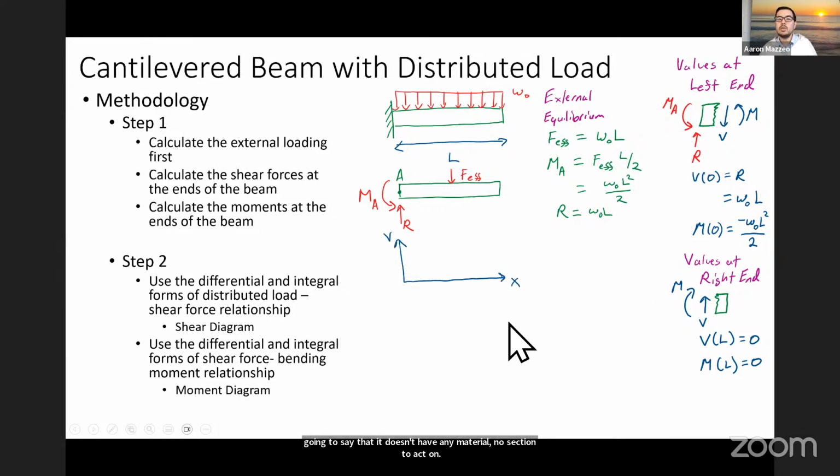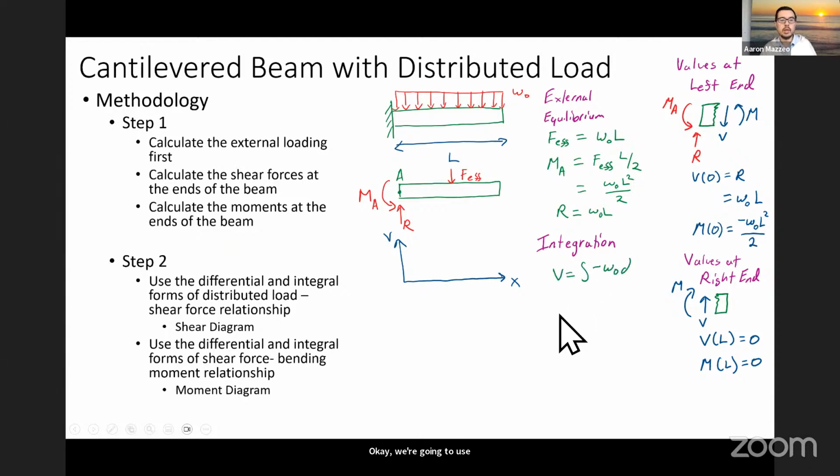When we draw our shear force diagram, we're going to use the integral form of our equation for dV/dx is equal to W. So the integral form of dV/dx equals W is going to say, all right, we take the integral of dV and we take the integral of W dx. Important. By convention, and this is like the one time, maybe you'll find another example, where we do have a definitive convention that applies to an external load.